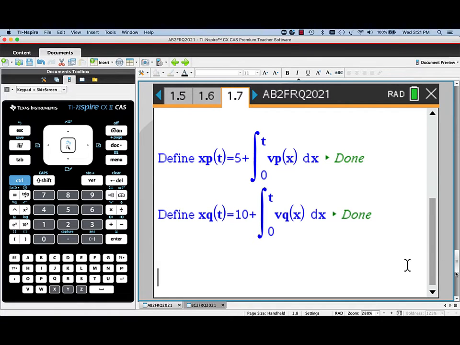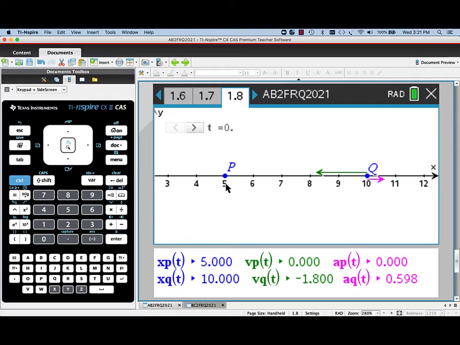Let's take a look. Okay, so here we have a coordinate axis, and you can see points P and Q on that axis. Point P is at its initial position of 5, Q is at its initial position at 10, and up here we have a slider which will allow us to increment time from that starting value of t equals 0 through the time interval from 0 to pi.